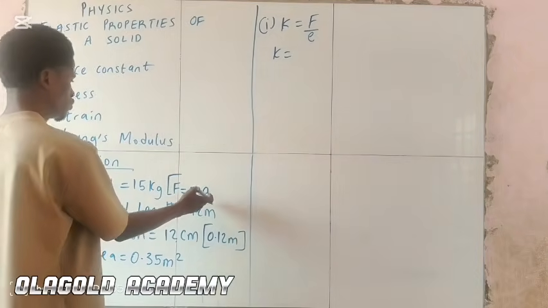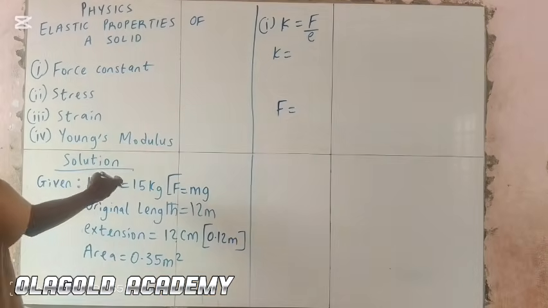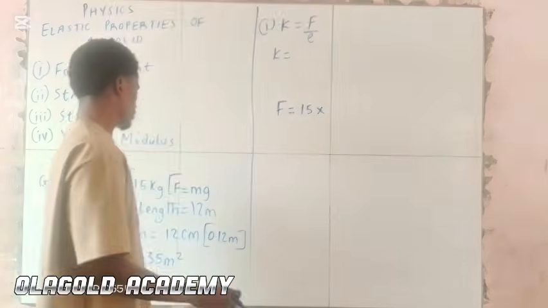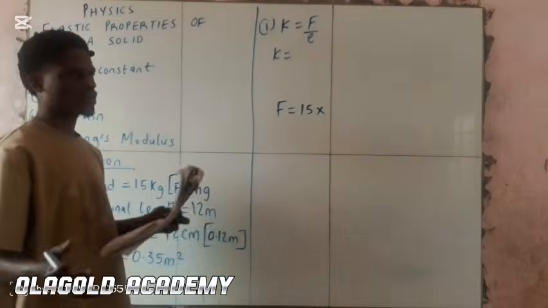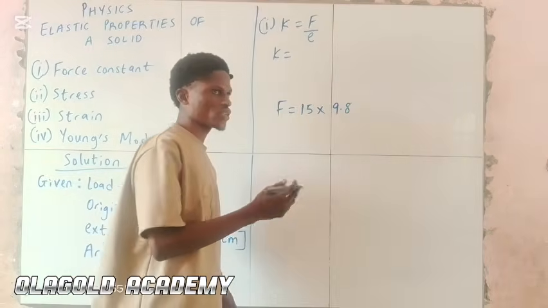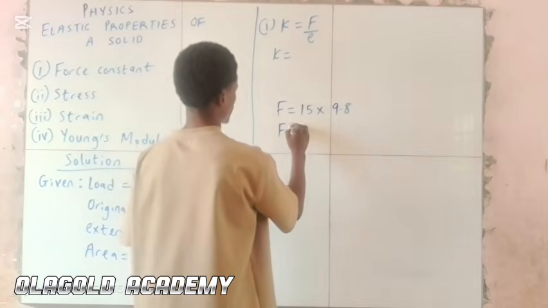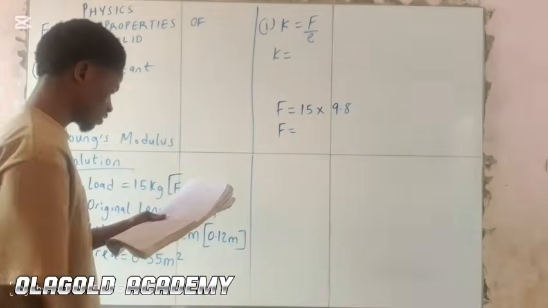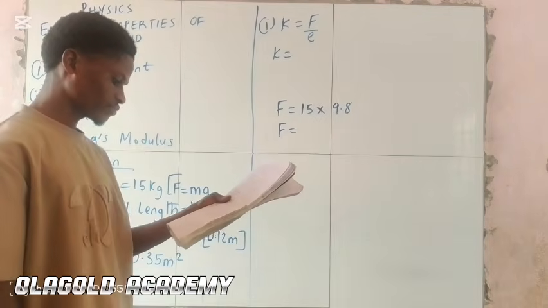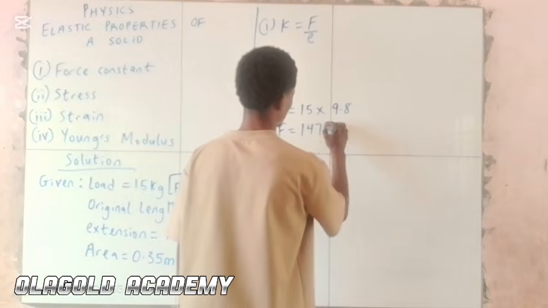So our force equals mass, which is 15 kilograms, multiplied by g, a constant of 9.8 or 10. In most cases, if you are given 10, use 10. But in this case, let's use 9.8. So we multiply 15 times 9.8, and we get 147. That will be in Newtons.